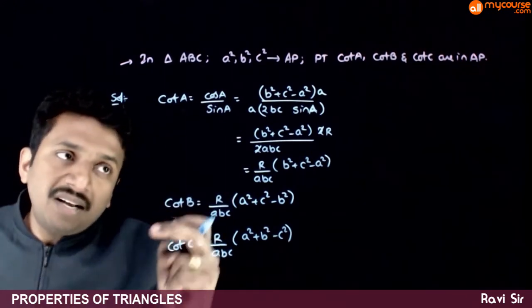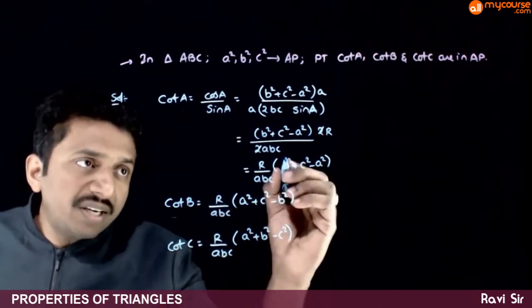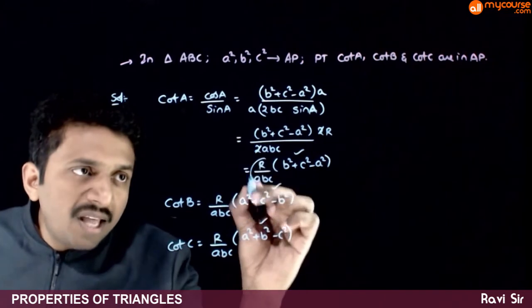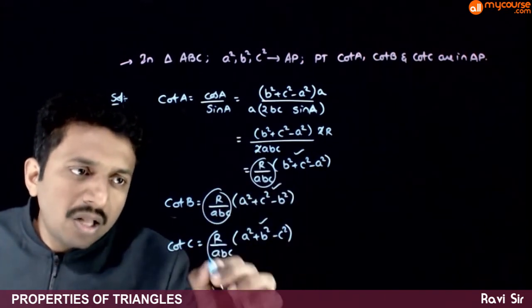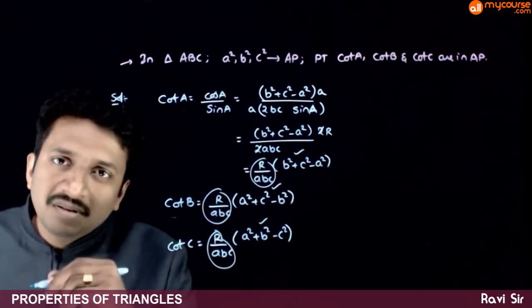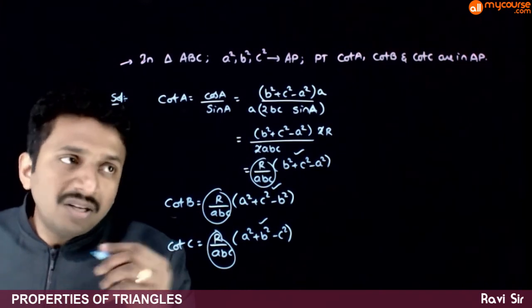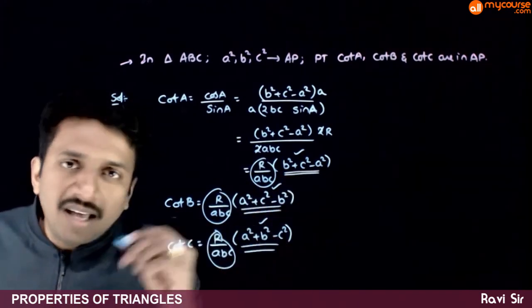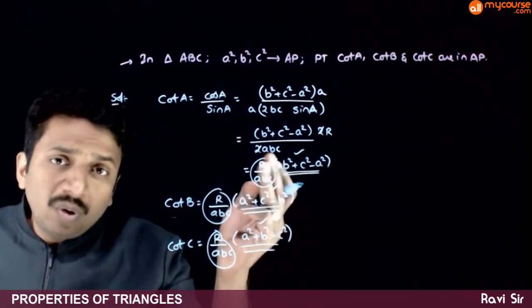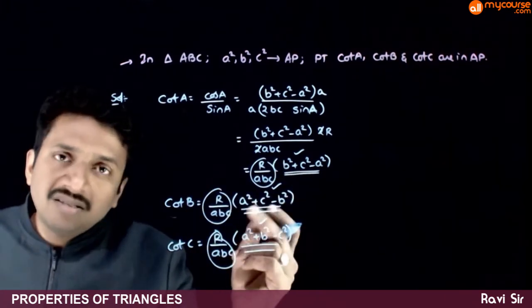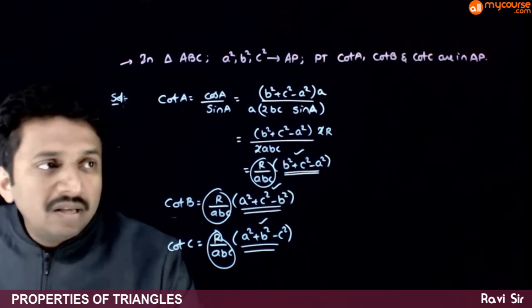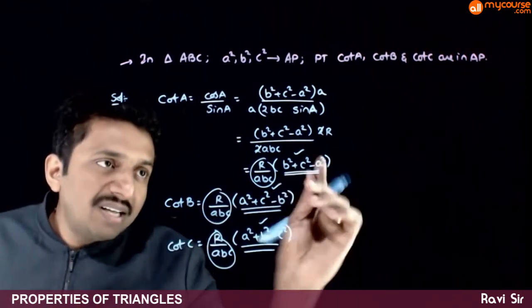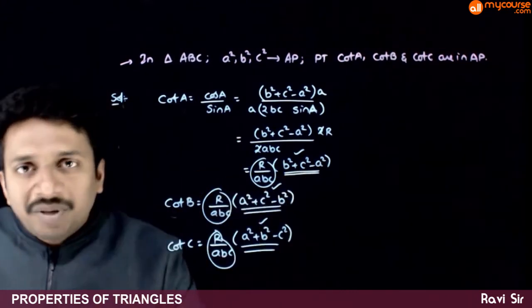But R by abc is a constant present in all these terms. From the properties of arithmetic progression, if you prove that these three terms are in AP, it will automatically prove that some constant times these three terms are also in AP. So effectively, your aim now is to prove that these three terms are in AP.